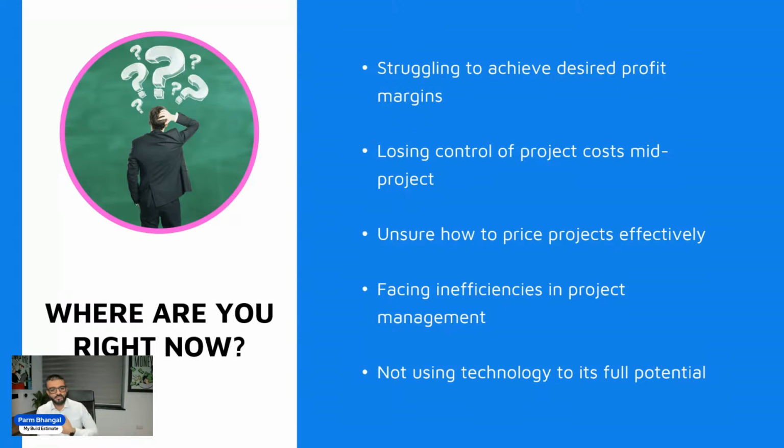You may be unsure how to price projects effectively, and how to transition from an estimate or tender stage to a position where you're looking to make profit on that project.